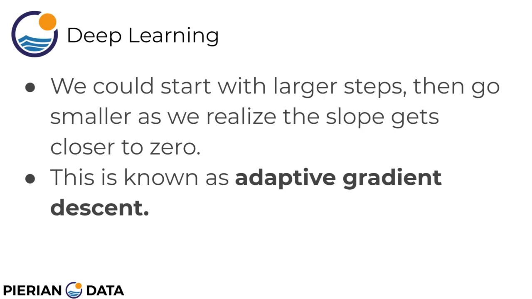You can imagine that since you're starting off in a random position in this n-dimensional space of possible weights and biases, if you start with larger steps, you can then go smaller and smaller in your step size as that gradient or slope gets closer to 0. This is known as adaptive gradient descent. Depending on the gradient you get back, you're going to adapt your step size.